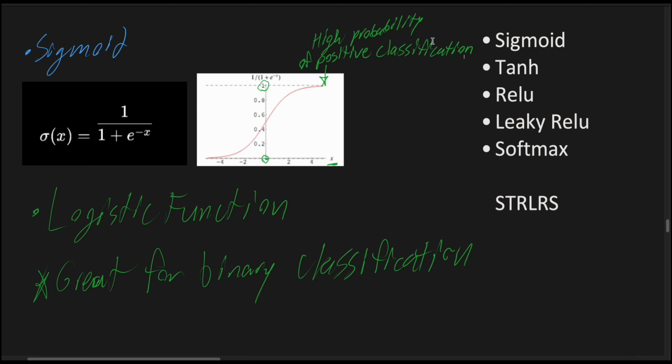Conversely, as x is approaching a higher negative value, such as -5, -10, -100, this would represent the high probability of a negative classification in binary classification. So, negative probability of classification.